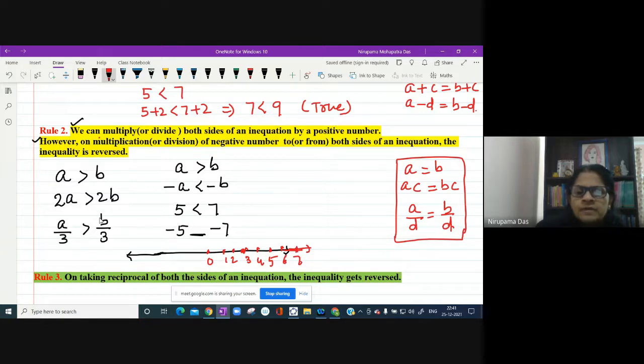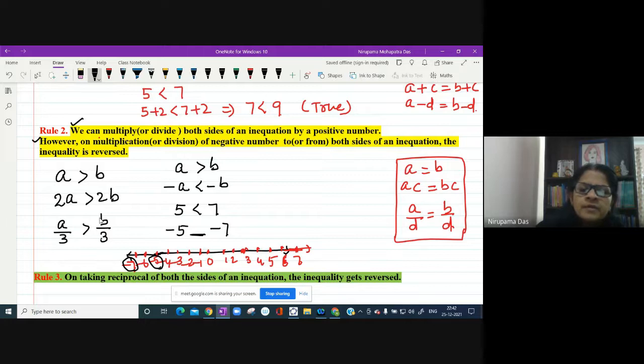So here you can see 5 less than 7. Now on this side I can write minus 1, minus 2, minus 3, minus 4, minus 5, minus 6, minus 7. Can you see here? Minus 5 is here, and here is minus 7. So minus 5 lies to the right of minus 7.